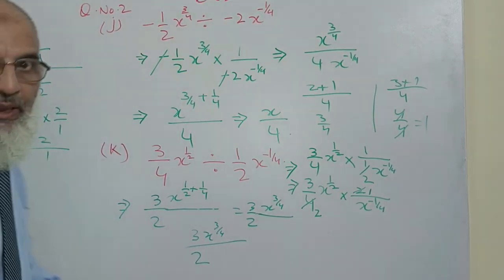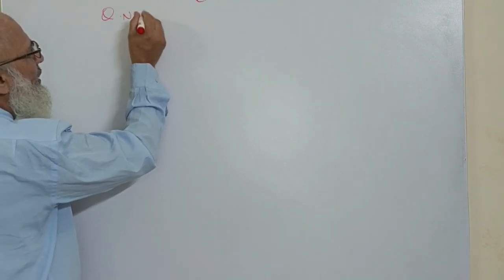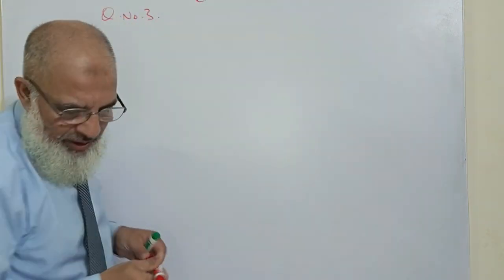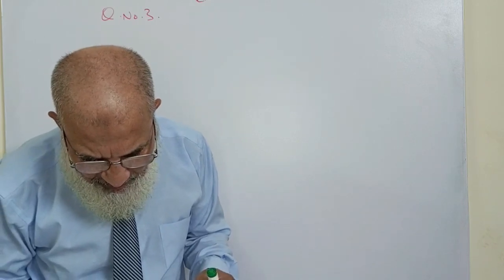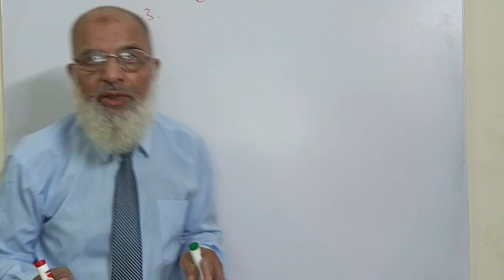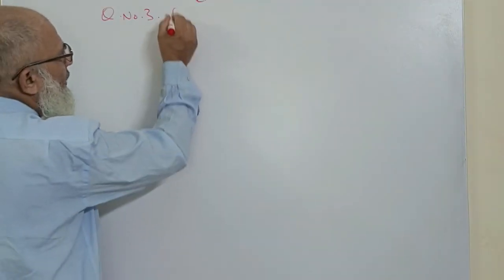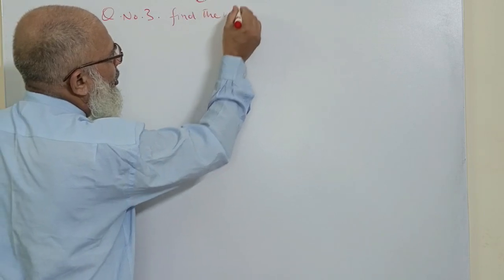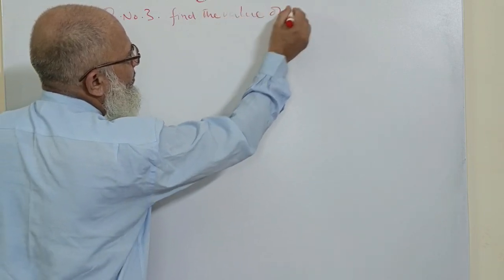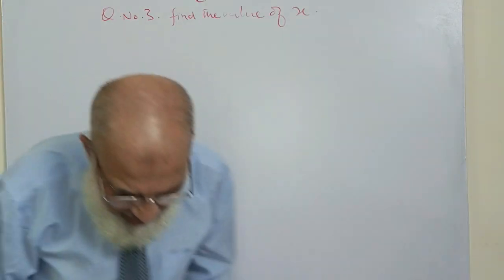Proceeding to the last question, and that is question number 3. And what will we select from the part? It says find the value of x in each of the following equations.